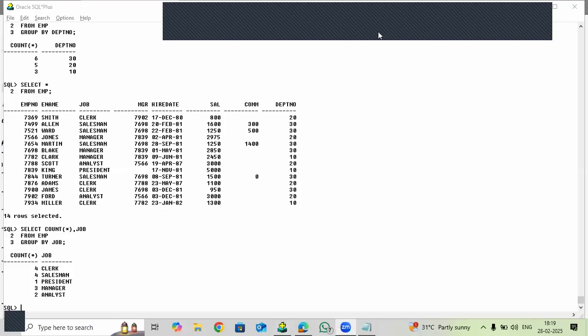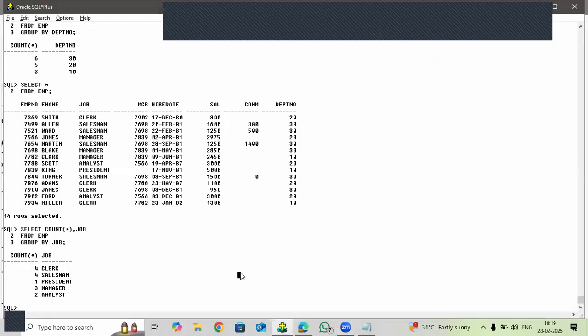I'll repeat the query. Write a query to display number of employees who are getting salary greater than 2,000 in each department number. Any answer?